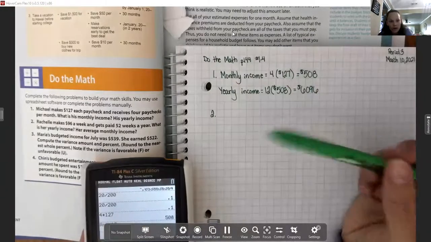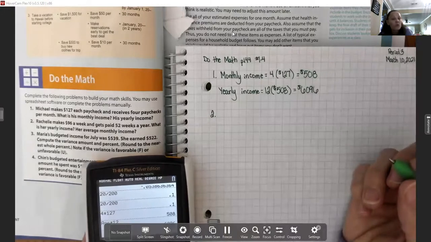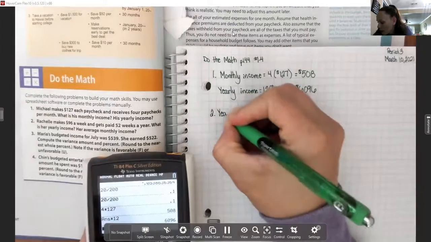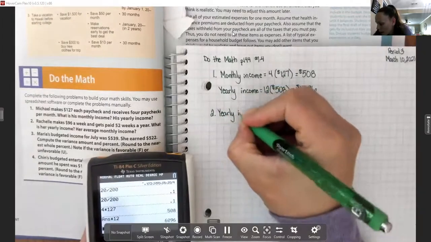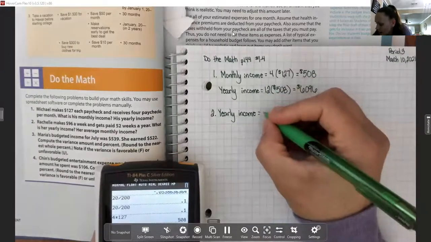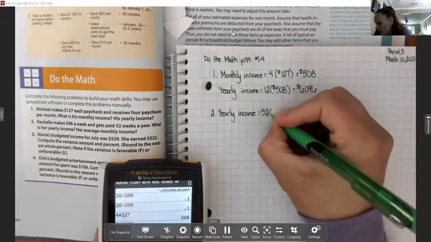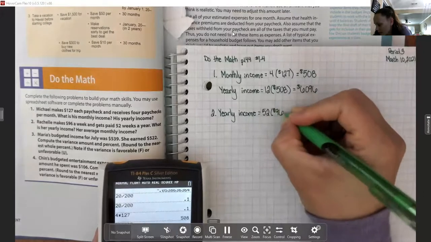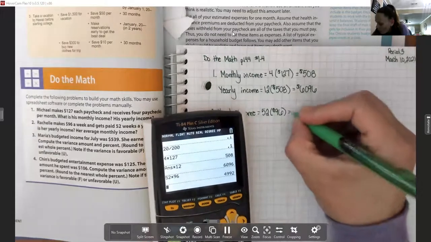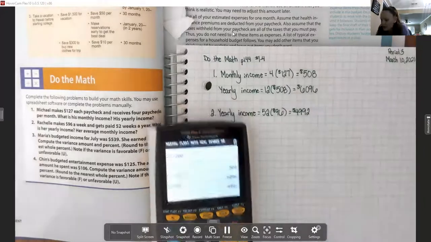So number 2 then, Rochelle makes $96 a week and gets paid 52 weeks a year. What is her yearly income? If she makes 96 a week and gets paid for 52 weeks, so 52 times 96 is $4,992.